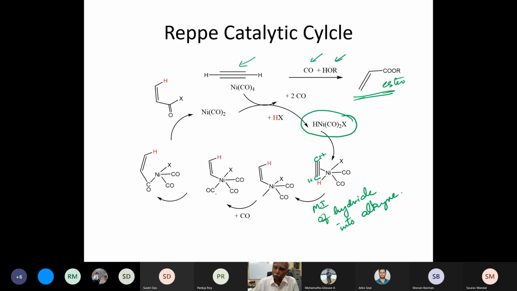Okay, so this is migratory insertion. A vacant site was generated, and that vacant site was filled with carbon monoxide right here, and then migratory insertion now takes place to give you the key product, coordinated.